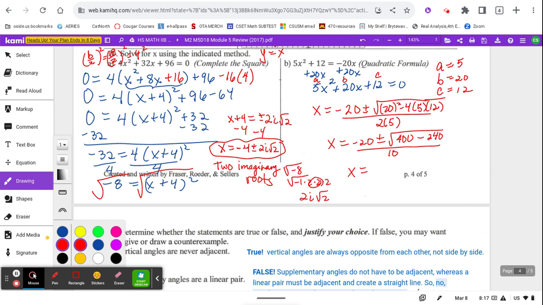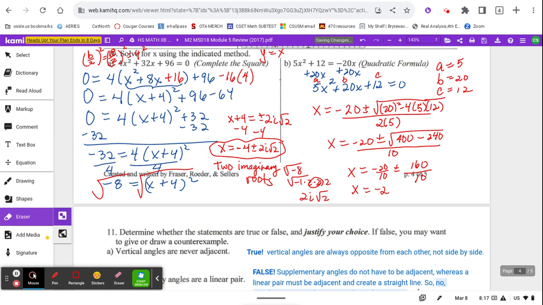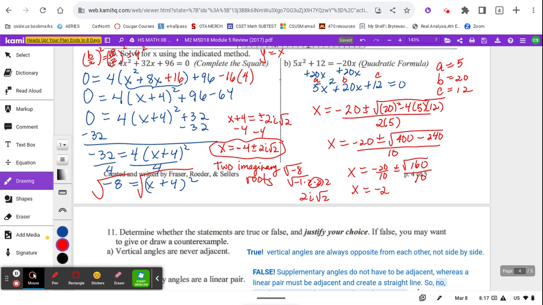All right, in the front, negative 20 divided by 10, that's going to simplify down. And then 400 minus 240 gives us 160. So let's break down that 160. So 160 could be known as 16 times 10, or 4 root 10. 10 can't break down any further.